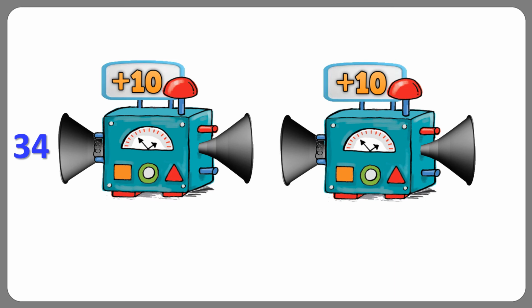Okay, here's our first one, and we can see the number 34 is going to go into our machines. It's going to go through the first one, it's going to add on 10, into the next one, it's going to add on 10. What do you think will come out the end?